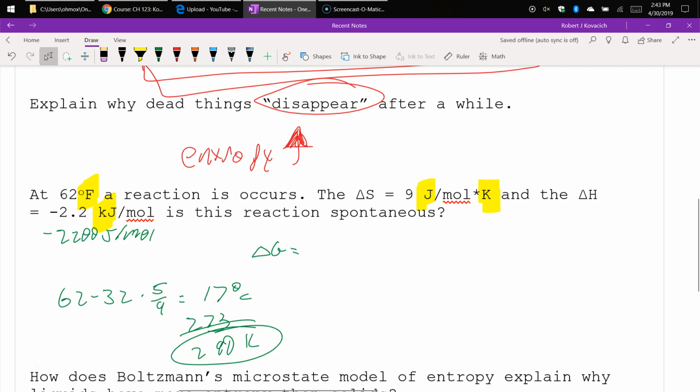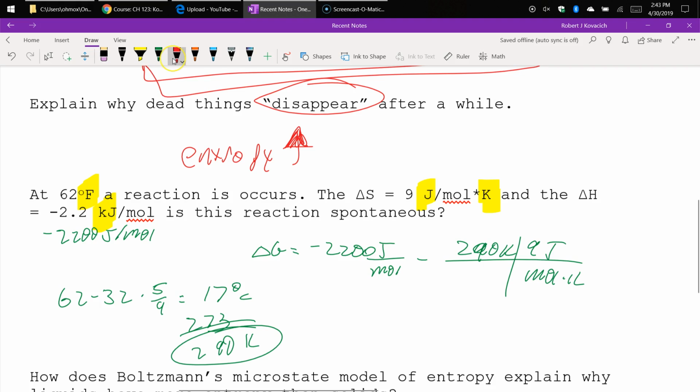So my delta G is going to be equal to negative 2200 joules per mole minus 290 K times 9 joules per mole Kelvin. So I'll get my K's to cancel out, and then everybody will be in the same units.